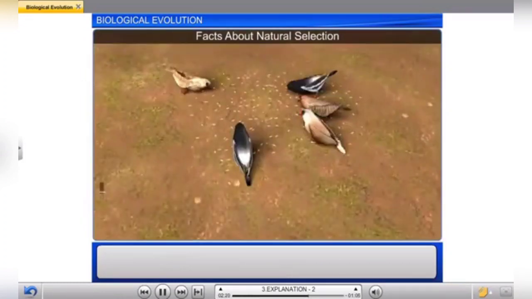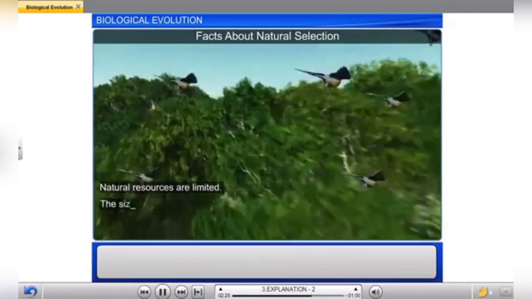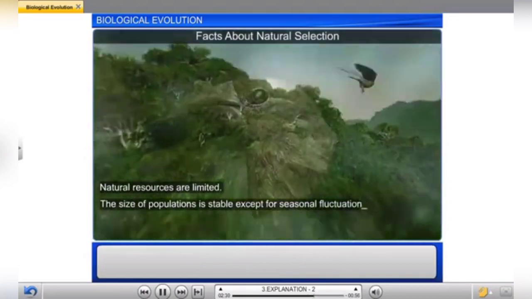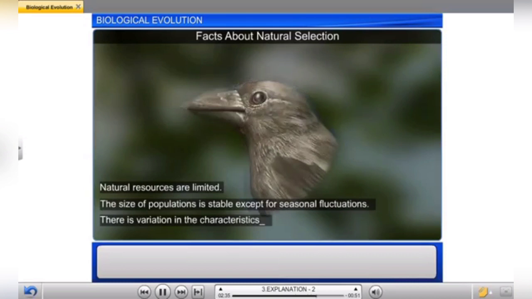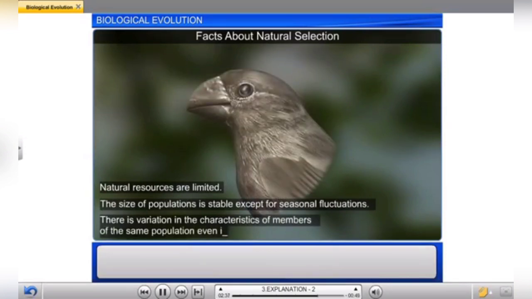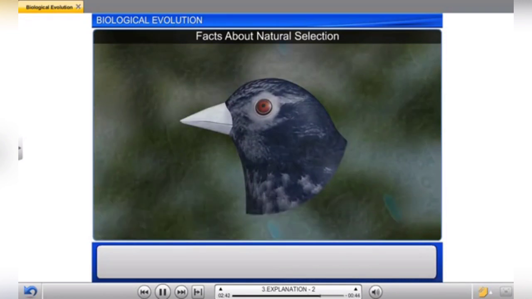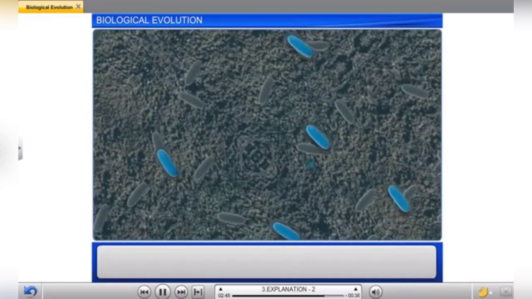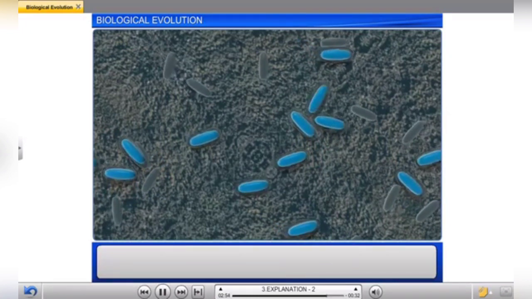For example, natural resources are limited. The size of populations is generally stable except for seasonal fluctuations such as natural disasters, and there is variation in the characteristics of members of the same population even if they look similar. These variations are inherited. Darwin observed that exponential growth of population due to maximum reproduction or overproduction is possible in animals such as microbes.